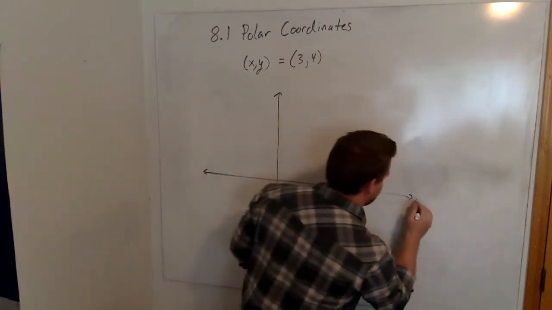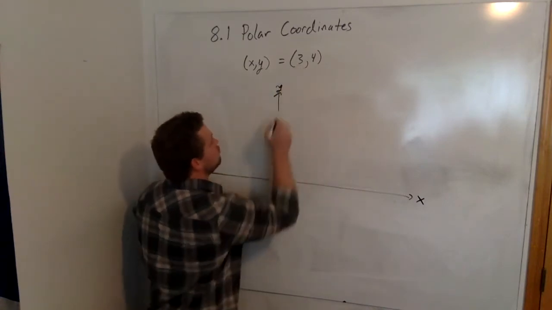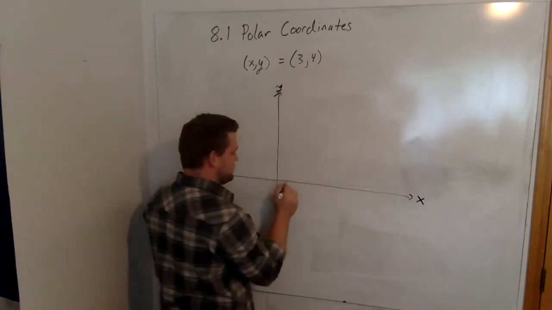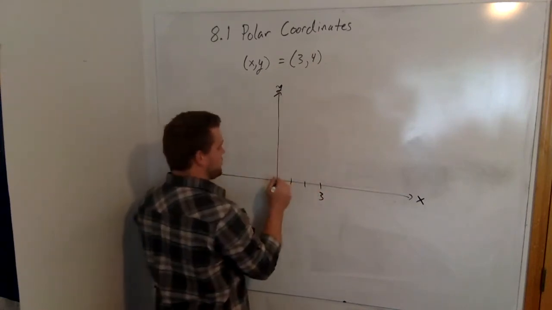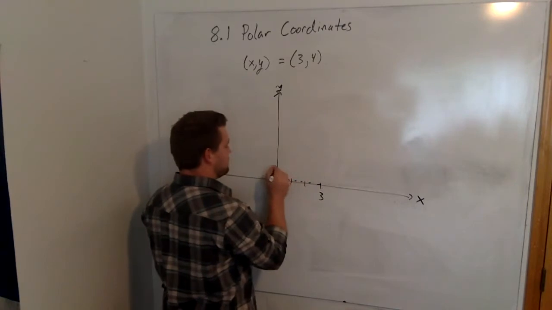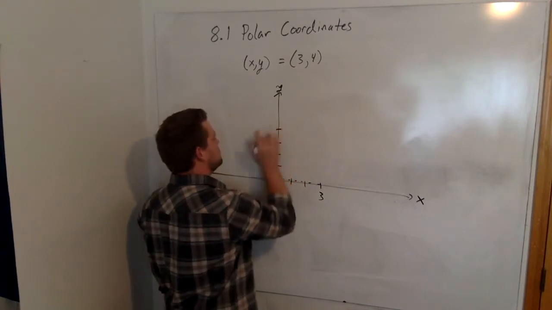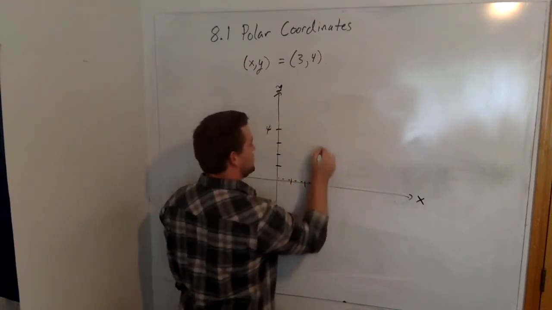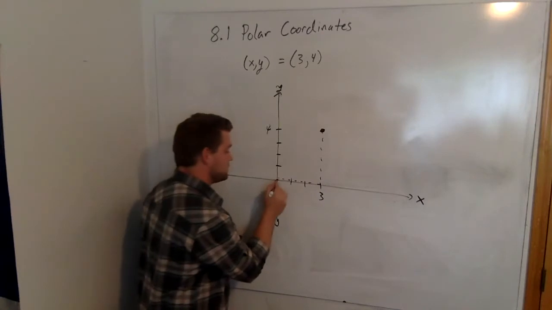Okay, we label this with the x and this with the y. And our directions are to move in the x direction 3 units, and then in the y direction, 4 units. So we can get exactly to a location.